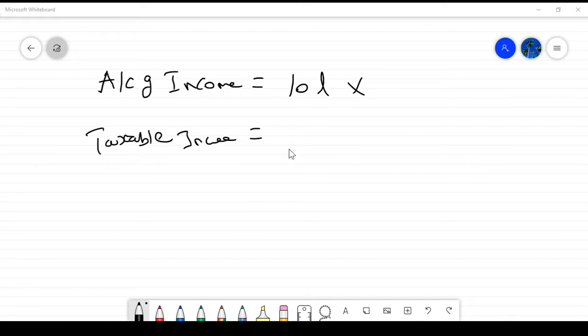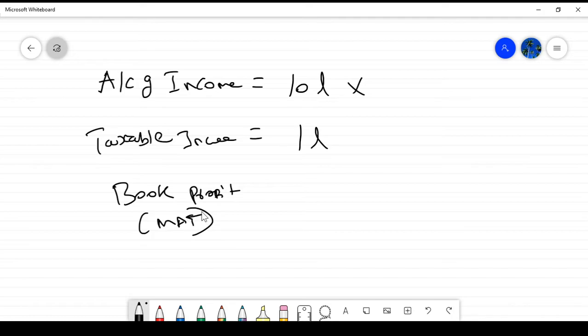Taxable income is 1 lakh, and book profit for MAT purpose, minimum alternate tax, how much? 9 lakh. Okay, so usually we have to compare accounting income versus taxable income. Whatever MAT comes should be an excess tax over the current tax.